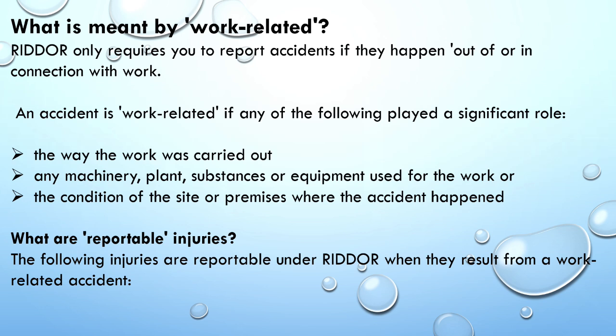An accident is work related if any of the following played a significant role: the way the work was carried out, any machinery, plant, substances, or equipment used for the work, or the condition of the site or premises where the accident happened.